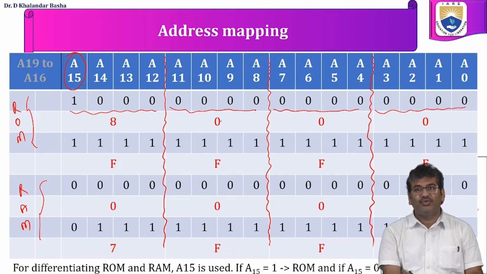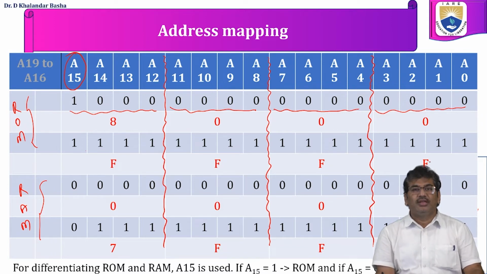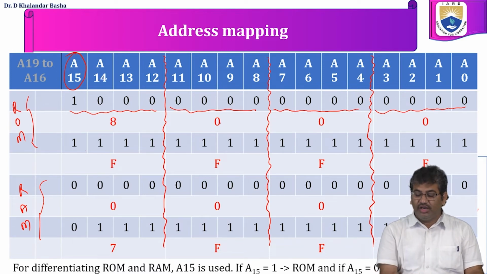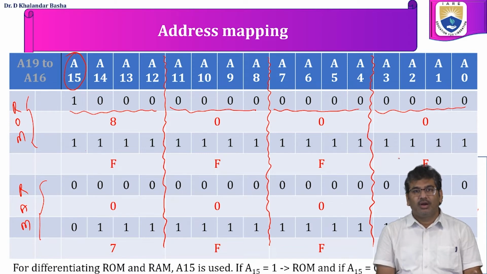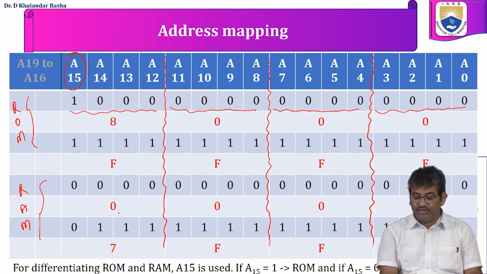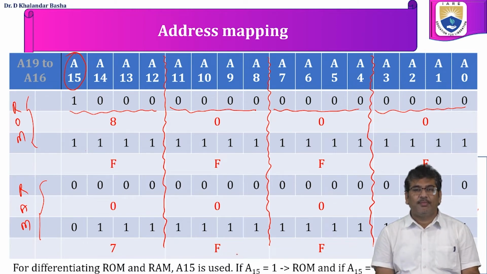The next are 4 zeros, 0, 0. The last ones are 1111, F, 1111, F, 1111, F, 1111, F. So in hexadecimal, we are writing the representation. So from the location 8000 to FFFF, it corresponds to ROM. From the addresses 0000 to 7FFF, it is for RAM.